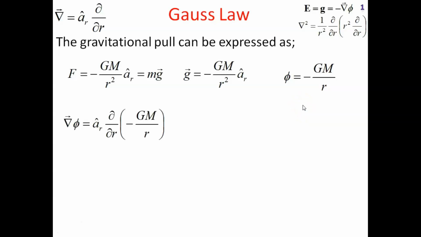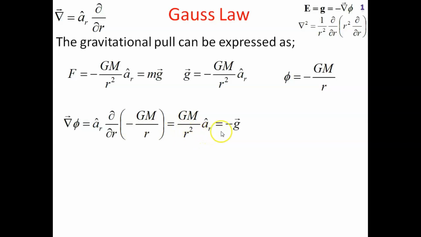Now we shall operate the del bar operator on phi, that is equal to a_r cap into partial derivative with respect to r of phi, and phi is being substituted here, and the derivative of 1 by r will be minus 1 by r square. So this minus sign is absorbed and we are left with GM upon r square a_r cap.